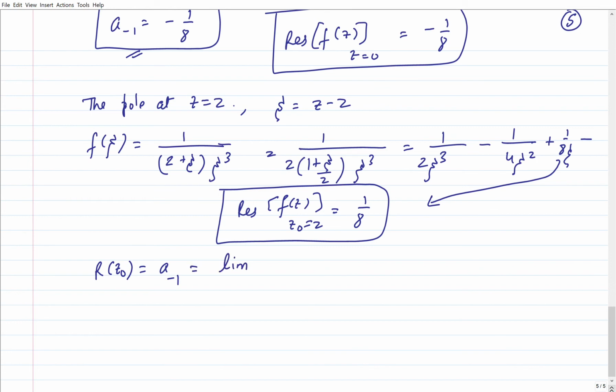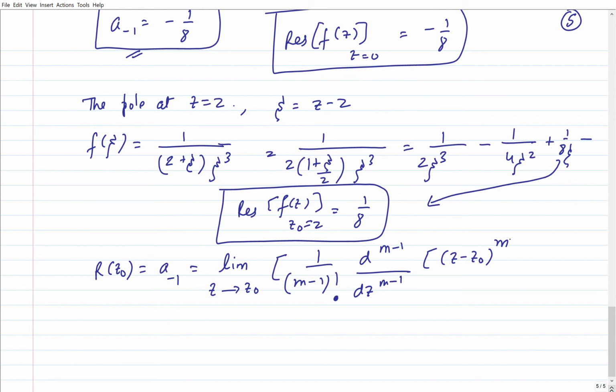In general, the expression for the residue is given by this formula, involving the derivative of this function.